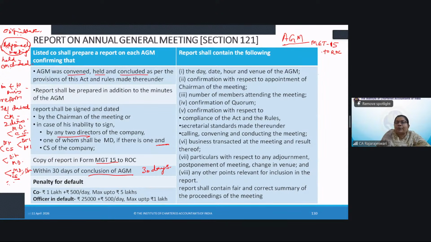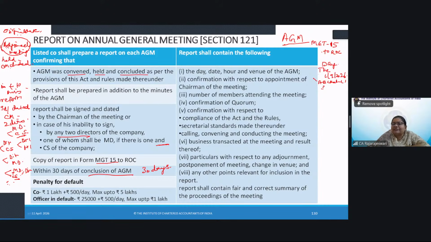It has got a wide meaning. You have to write it as conclusion of AGM. And the report shall contain the following. On which day was it held? Say, Tuesday, 1st September 2026. What is the venue? At ABC Mahal or at Nehru Stadium, whatever it is.